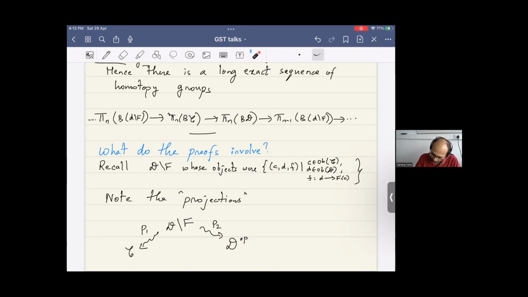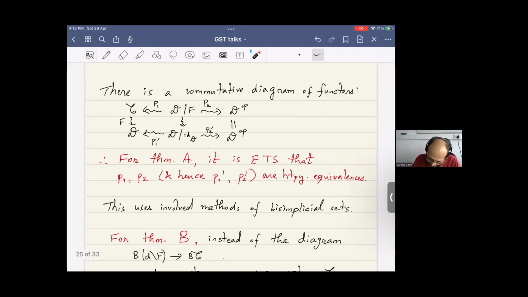The point is that you can insert this into a picture where the functor f is involved. That's what I've drawn on the next page. There is a commutative diagram of functors like this. This is the thing that I just drew: you have script d comma f, with a projection to c and a projection to d opposite.